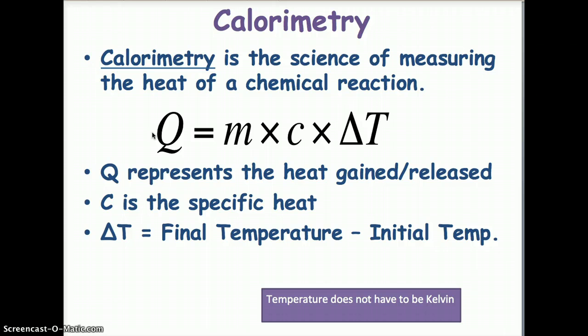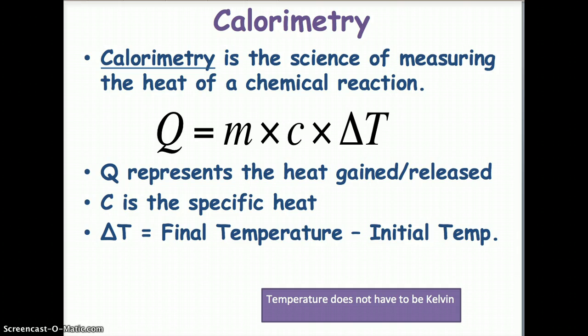And because of that, the specific heat will be really high. But if you have a metal, for example, the specific heat is going to be low, meaning that it's not going to require a lot of energy for the temperature to go up by 1 degree Celsius. So C is very important in determining heat because it tells you how easily something will rise or drop in temperature.